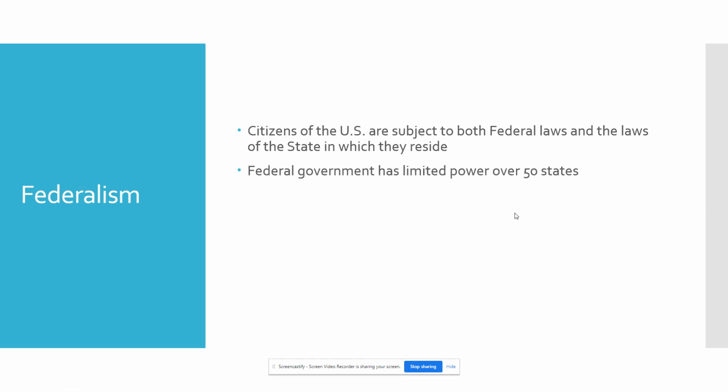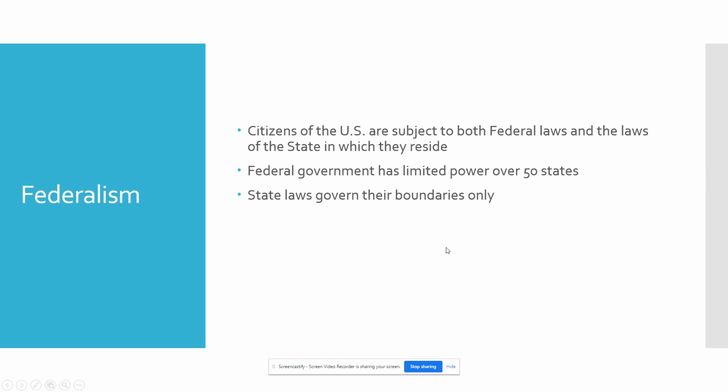The federal government has limited powers over 50 states. Remember, the Constitution sets out what the federal government can do and what it cannot do, and what is left goes to the states.